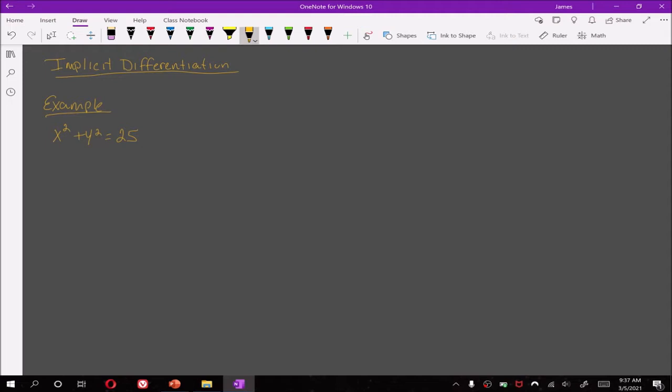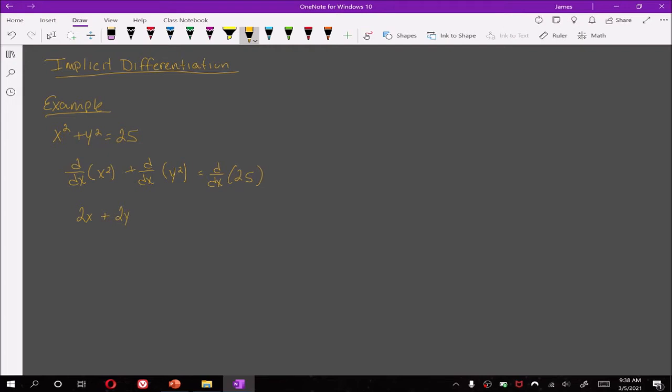What we do then is just take d dx of every single term. Like so. Now it's just a matter of doing the differentiation that we've been studying so far. The derivative of x squared is 2x. The derivative of y squared, right, that's a power rule, so that's going to be 2y.